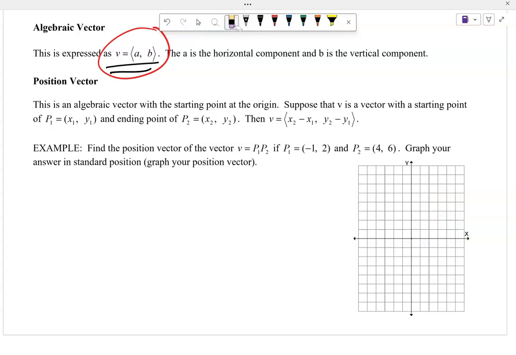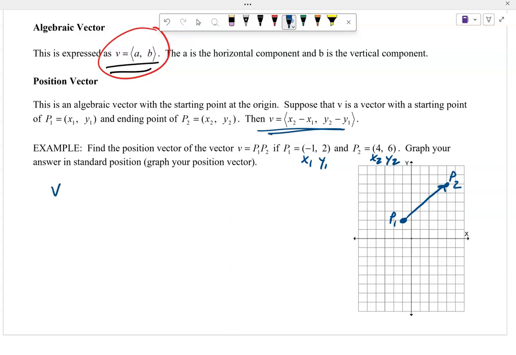So let's do this first example here. Find the position vector if you have 2 points, -1, 2, and 4, 6. Okay, here's the original vector from point 1 to point 2. Here's x1, y1, here's x2, y2. If you're to find your position vector, then we're going to use this right here.